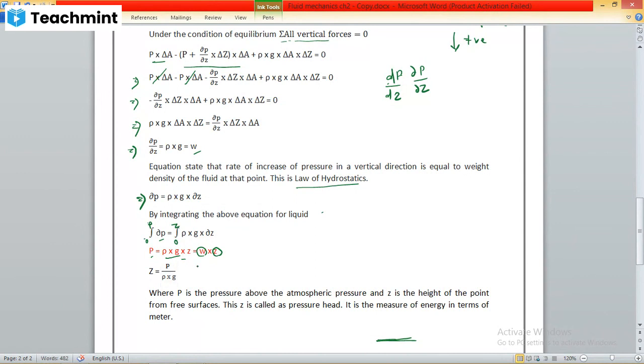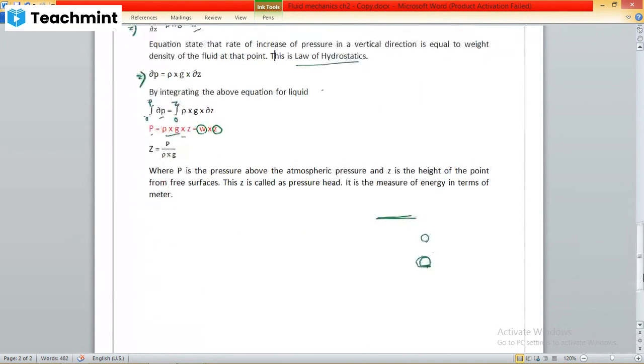So we can also say Z is equal to P by rho g, where Z is called the pressure head. What is pressure head? It is a measure of energy, but in terms of meters.